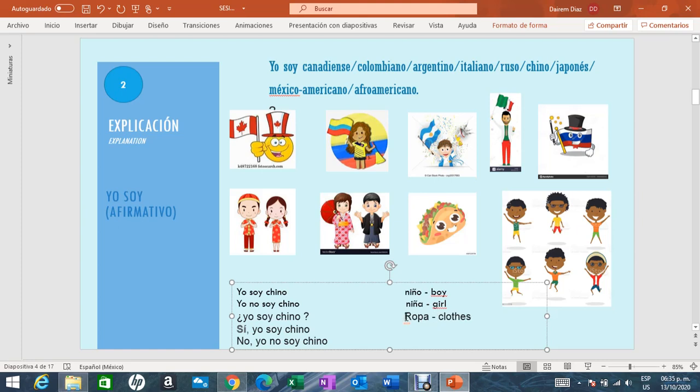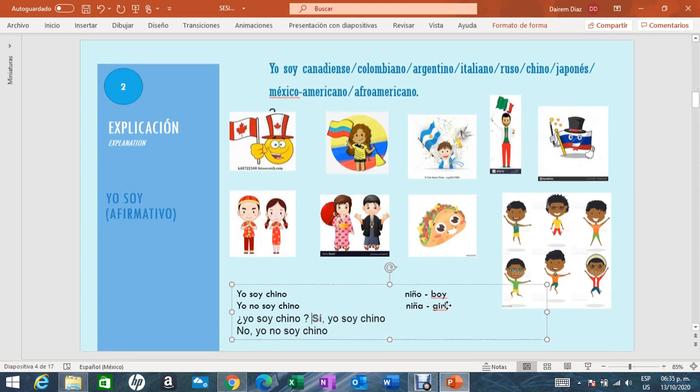And traditional clothes or traditional clothing would be ropa tradicional. Niño, niña con ropa tradicional. Next one. We have chino and now we have Japanese. I think I'm gonna have to create two.